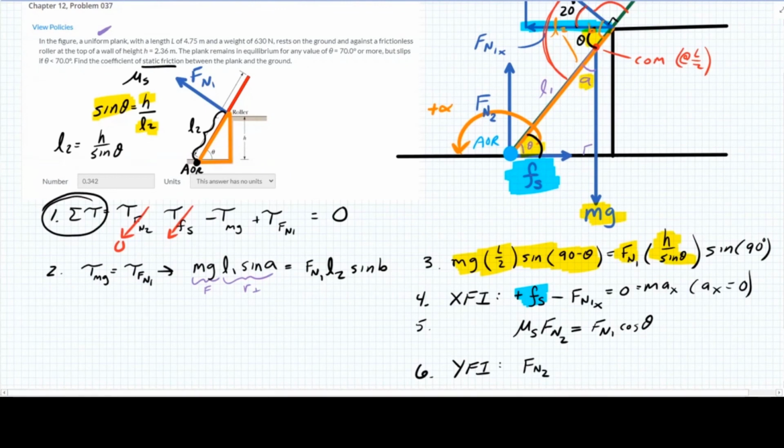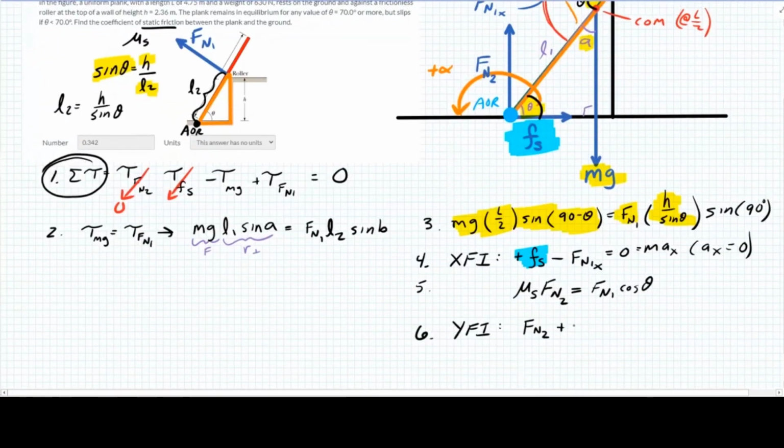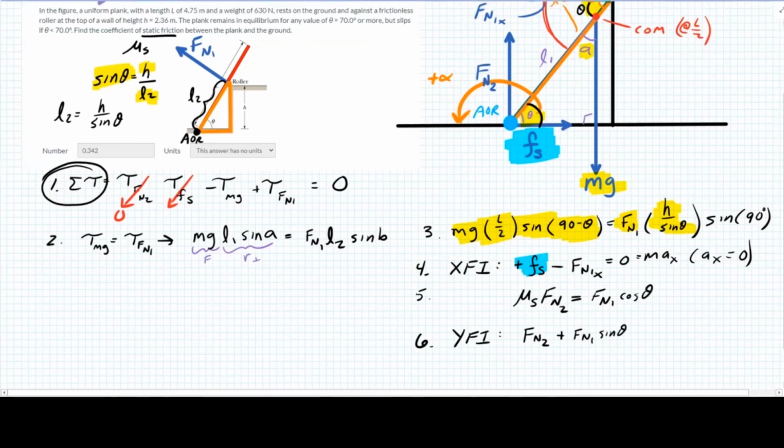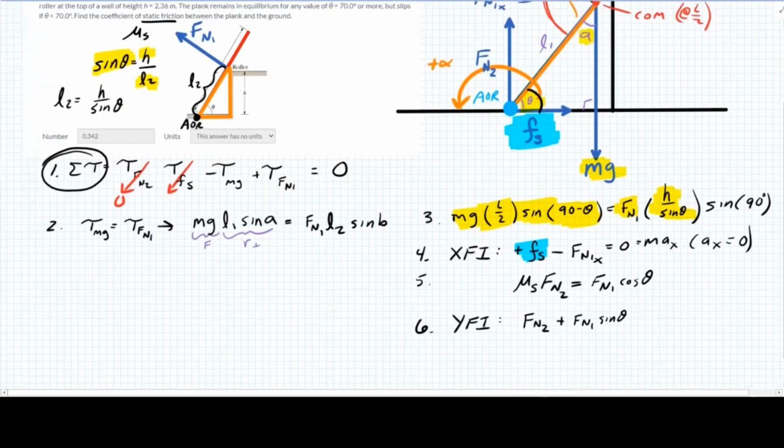What else is going up? Yeah, Fn1y, which is Fn1 sine theta. And let's do a little double check. Sine theta for this triangle equals side opposite, which is Fn1y, all over the hypotenuse.